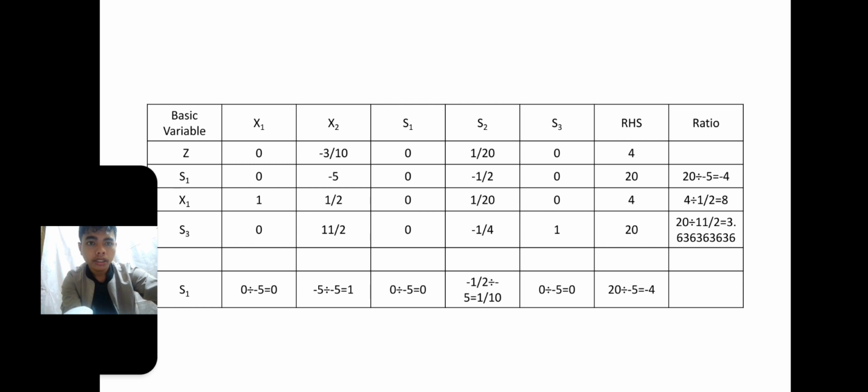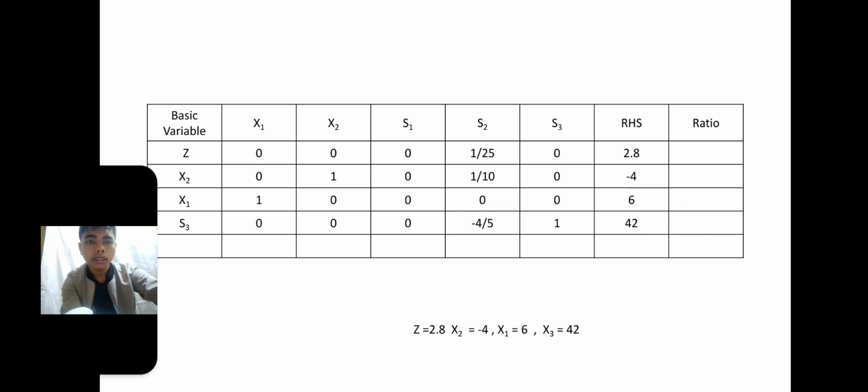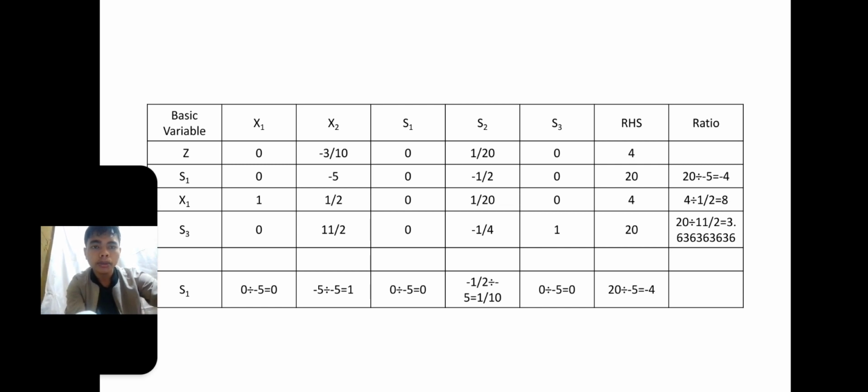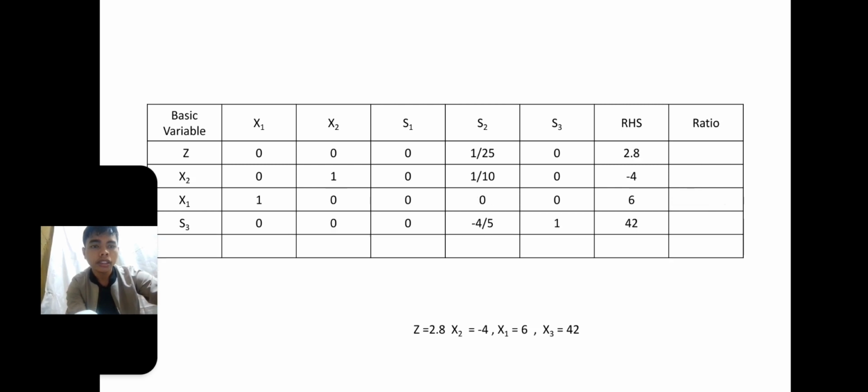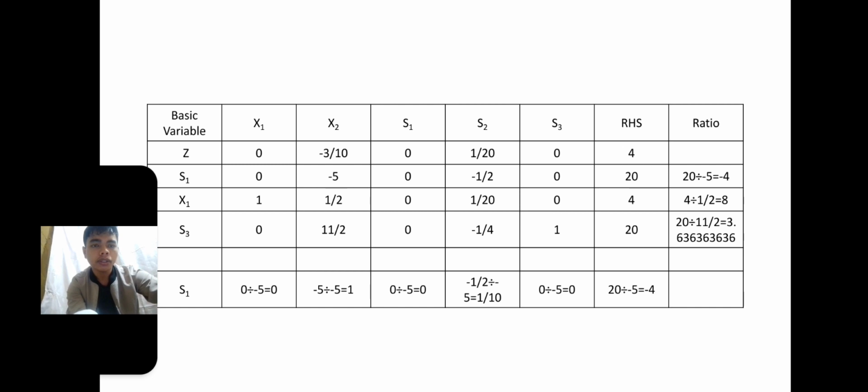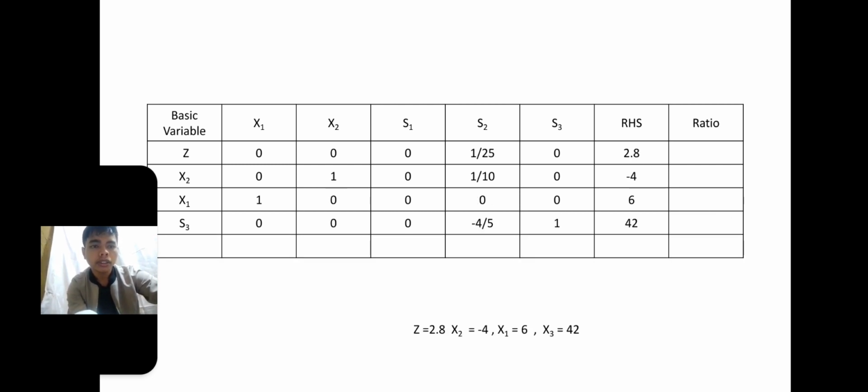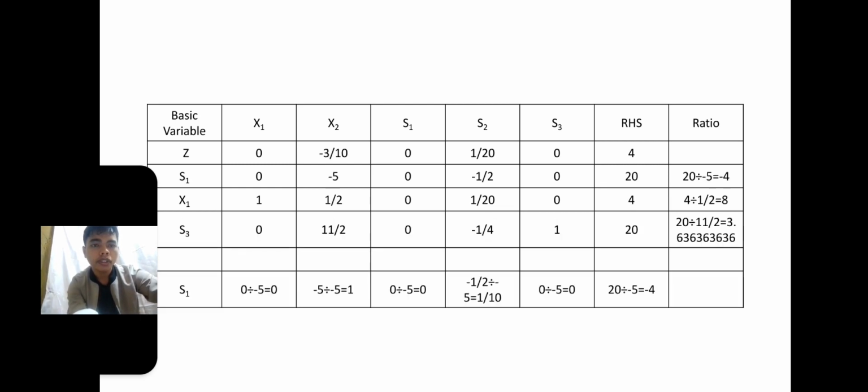For the x sub 1 row: 0, then 1 minus 1 half times 0 is equal to 1, while 1 half minus 1 half times 1 equals 0, and 0 minus 1 half times 0 equals 0, and 1 over 20 minus 1 half times 1 over 10 is equal to 0, and 0 minus 1 half times 0 is equal to 0, and 4 minus 1 half times negative 4 equals 6.